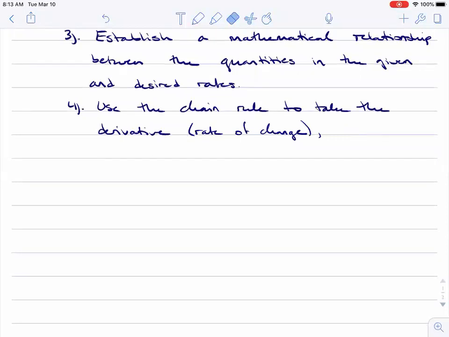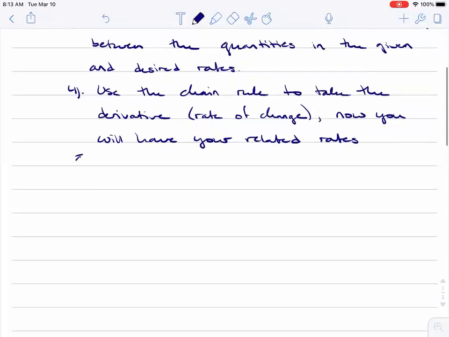Now you will have your related rates. And then the last thing you do is you solve for the desired rate.